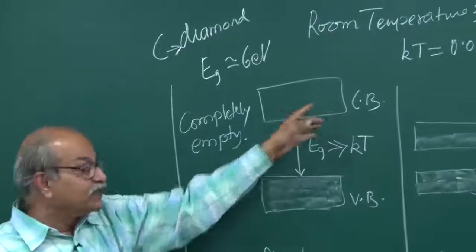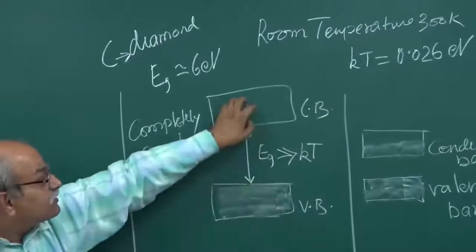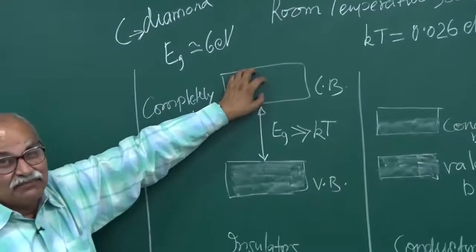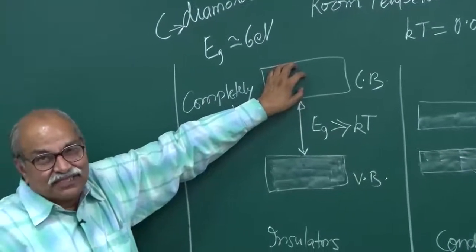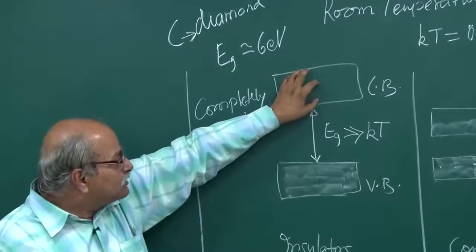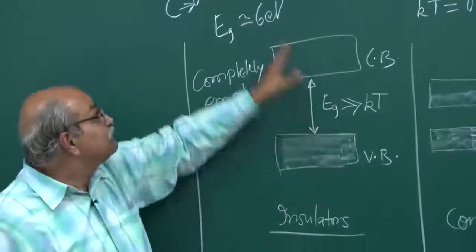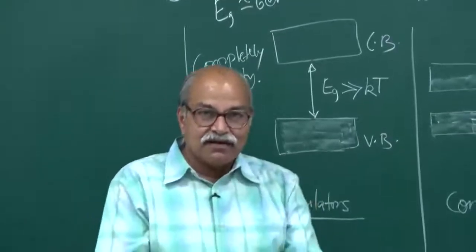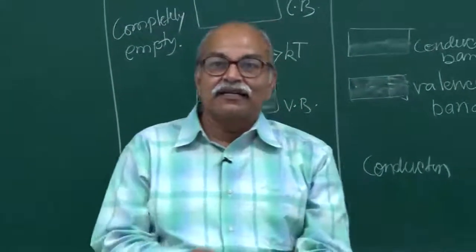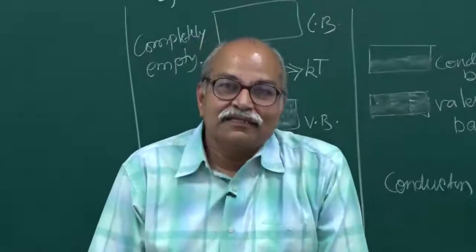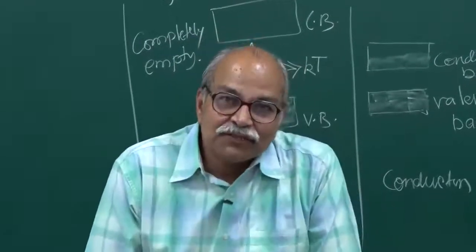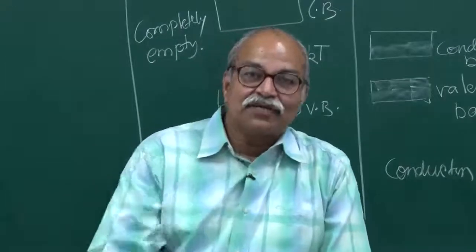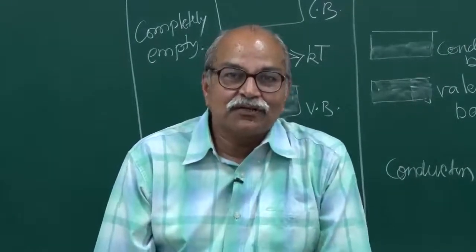Even at 300 K they will stay here, and this will remain completely empty, or if there are some states populated, not at all significant. So, if you take a diamond, connect it to a battery, apply some voltage and create some electric field, and that electric field tries to give some energy to the electrons.